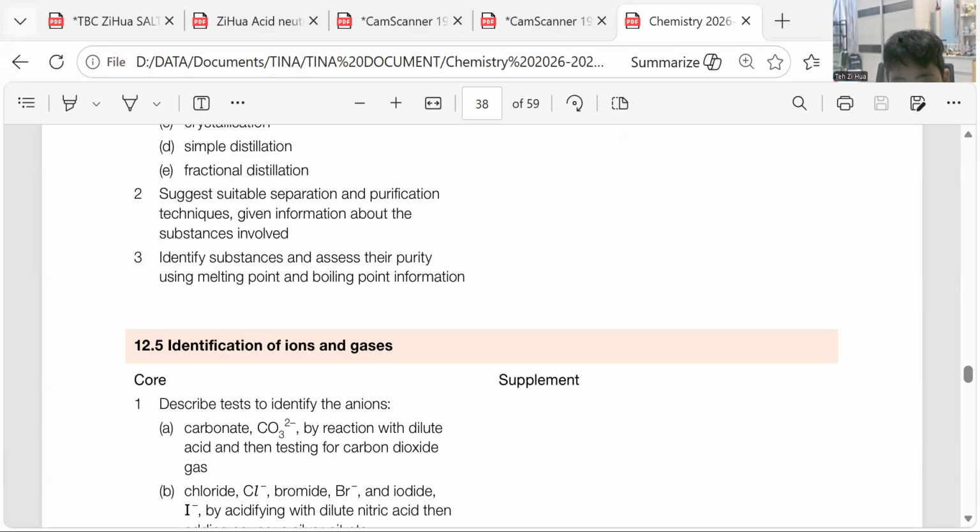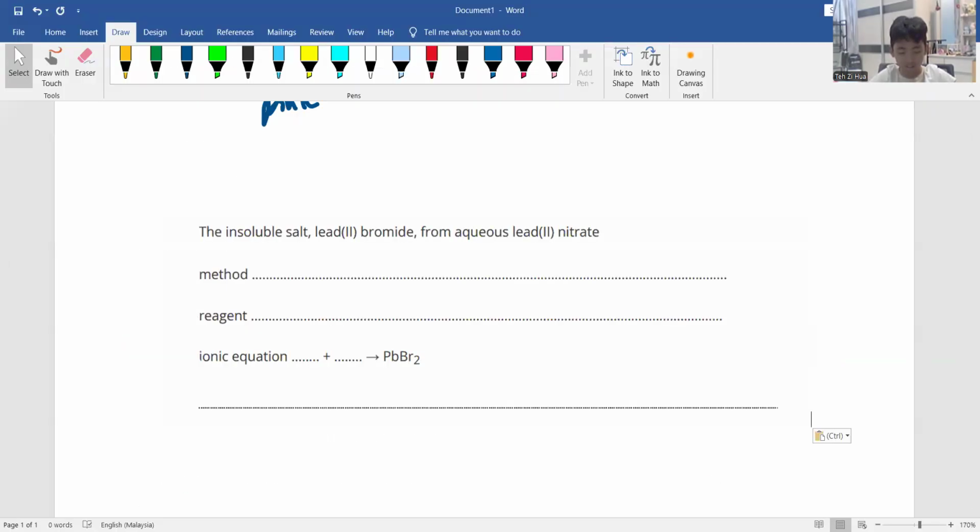Okay. I take a screenshot of a question I want you to do. Can you try and do this question? Can you see it? Wait. Okay. Can you see this question? Yeah.